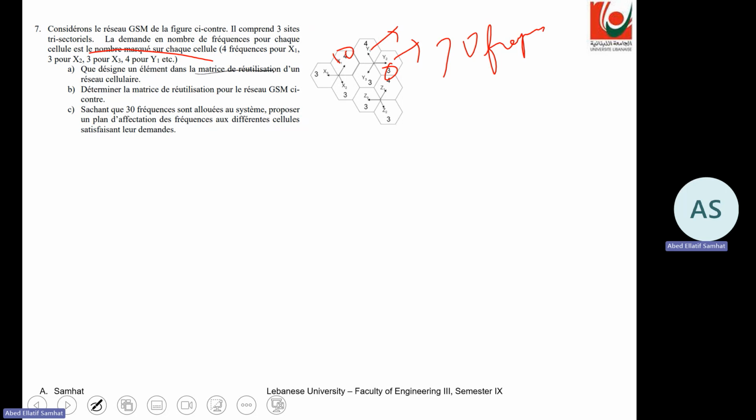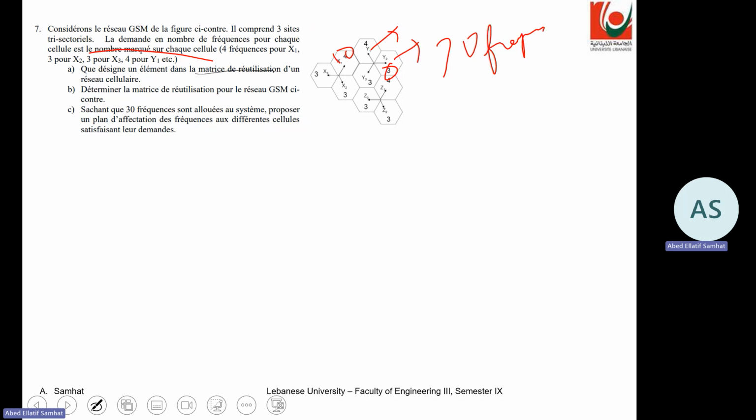It's a well-known term in radio network planning. It's the matrix that shows the separation between the frequencies within each cell and between the cell and the neighboring cells.